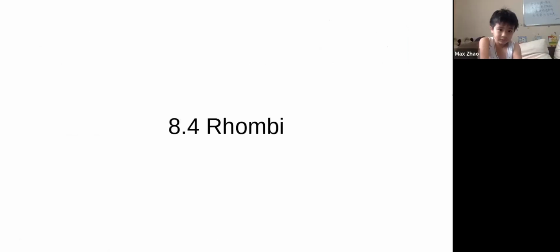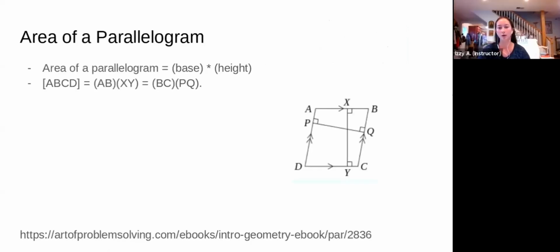Let's go back to an image of a parallelogram. Let's say you can cut this part and then bring this part over here, so it would form a rectangle in this case. But yes, so as you were saying, you could cut this part, bring this over here, and because of that, the area of a parallelogram is base times height.